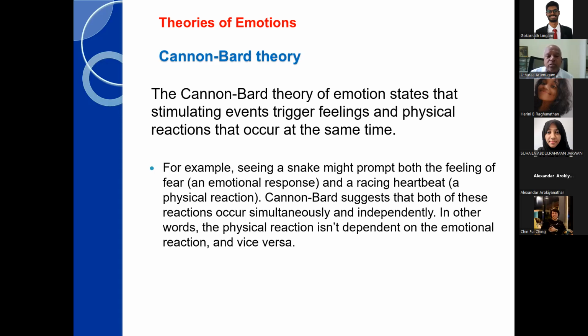So they're saying emotion and arousal appear to be together, but they're not really so connected in the sense that one can happen without the other. Their example is that seeing a snake might prompt the feeling of fear, an emotional response, and a racing heartbeat, a physiological reaction. Cannon-Bard suggests that both these reactions occur simultaneously and independently. In other words, the physical reaction isn't dependent on the emotional reaction and vice versa.